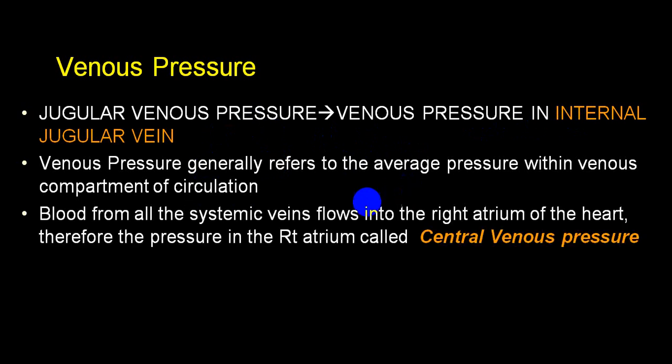So you can examine it by the vertical height of the column in the internal jugular vein, or by measuring the pressure in the right atrium, or by measuring the pressure in the right ventricle. We'll call it right atrial pressure or right ventricular pressure, and that is sometimes taken as the central venous pressure.